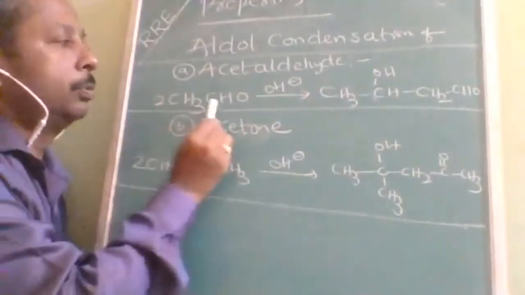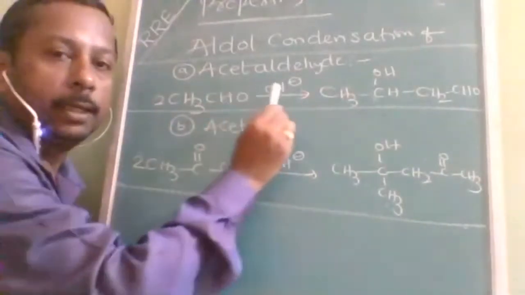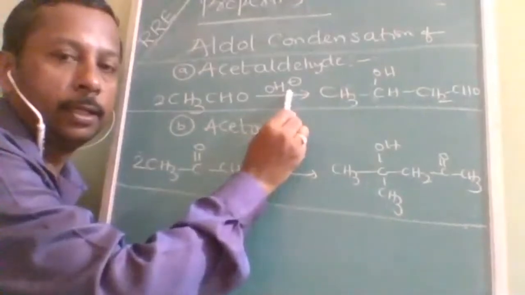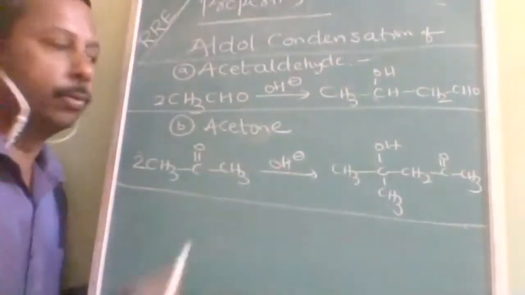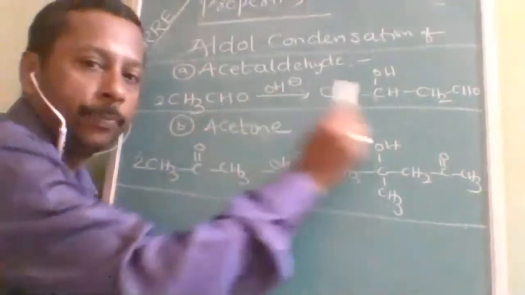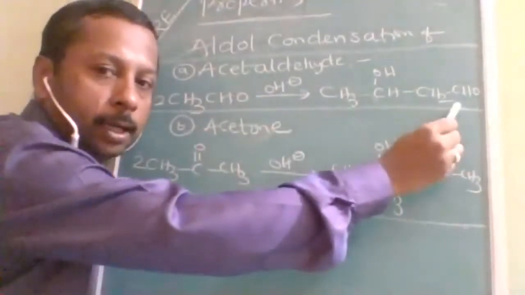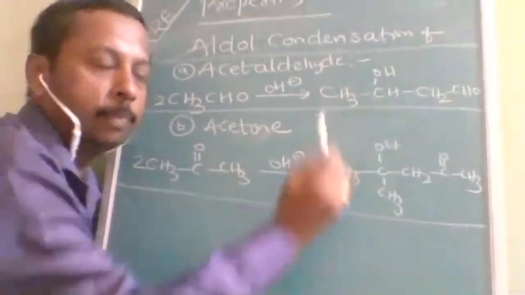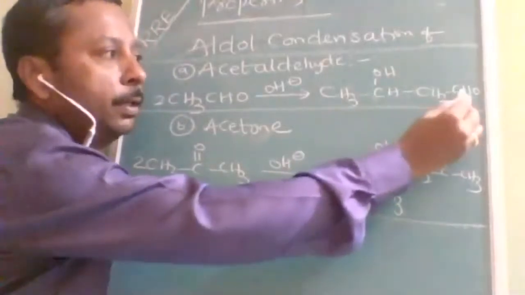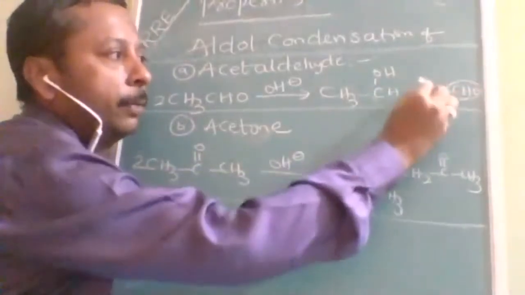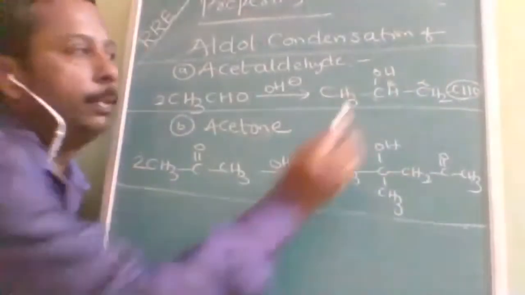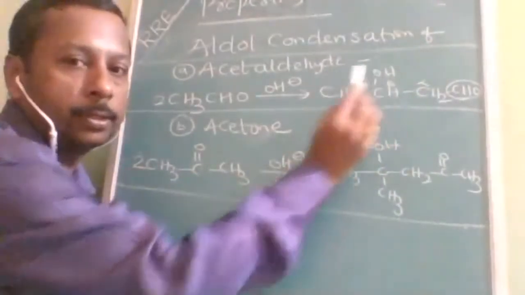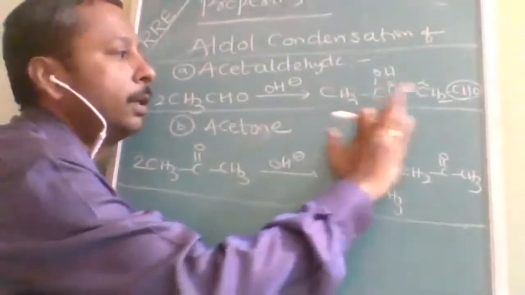2 moles of acetaldehyde in presence of dilute alkali give beta hydroxy aldehyde. The reactant is aldehyde, so the product is also aldehyde, but with OH in the beta position. What is beta and alpha? This is the functional carbon, this is the alpha carbon, this is the beta carbon. So the beta carbon has OH.